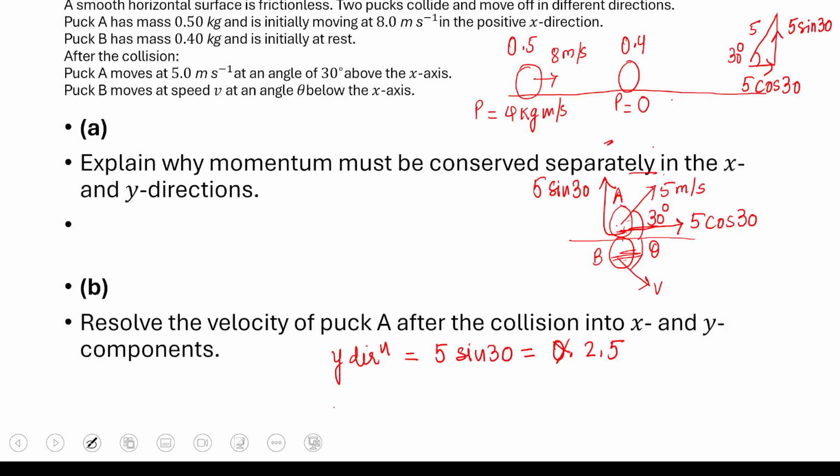You just need to calculate that, so that is around 4.33.